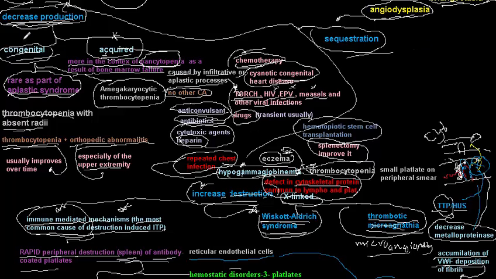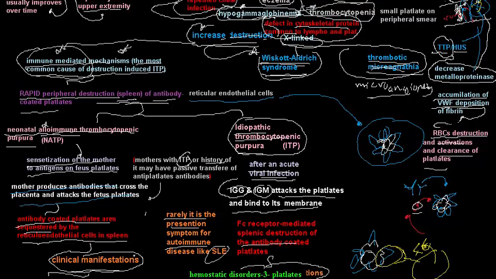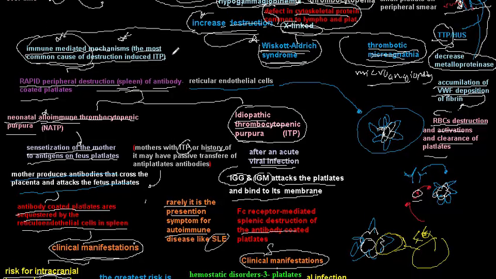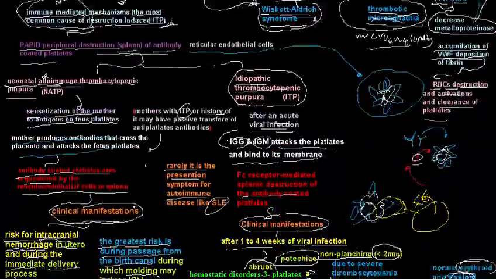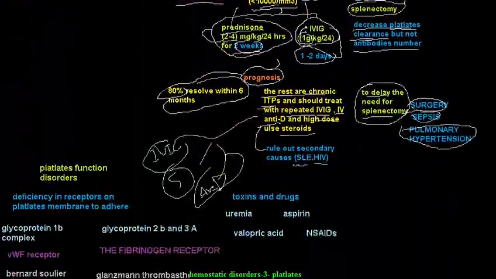In decreased production, remember the congenital and the acquired causes. In increased destruction, remember the immune causes, and the syndromes like Wiskott-Aldrich syndrome, the X-linked syndrome, and thrombotic microangiopathy.